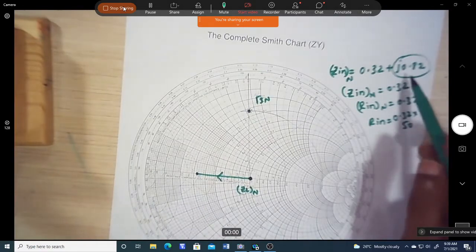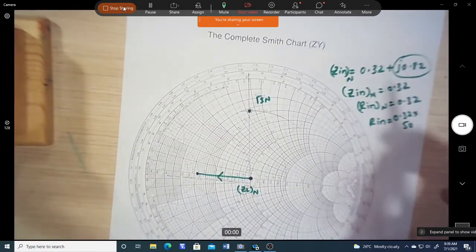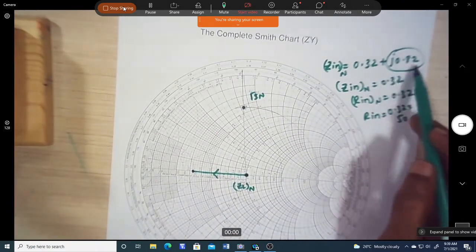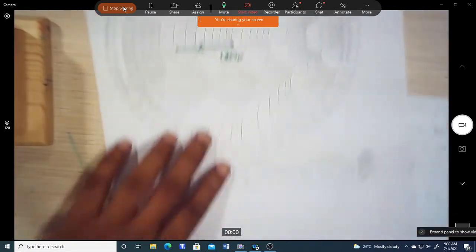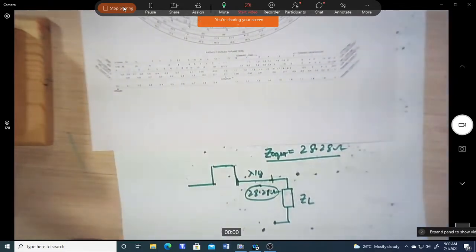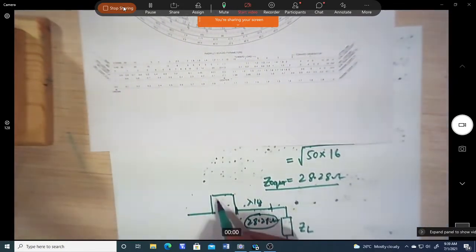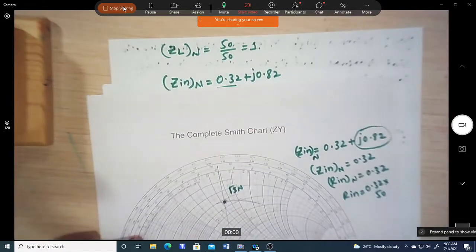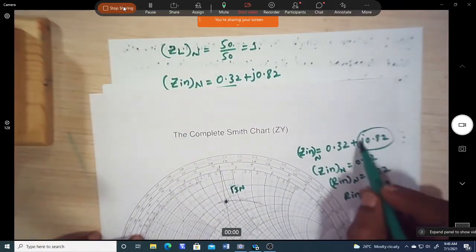Series stub, whether it is open or short, is left to you, but we need to add the series stub. Either you can add a series short stub or a series open stub. Let us take the series short stub. We need to find out the length of this stub in order to give this much reactance.